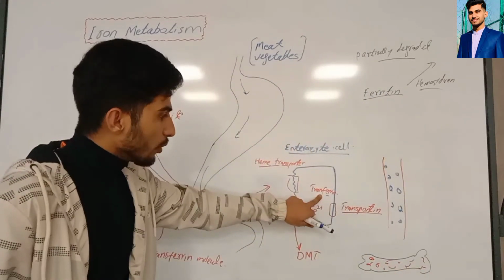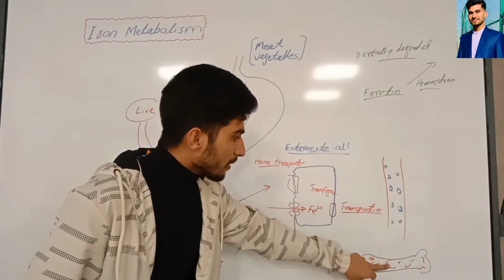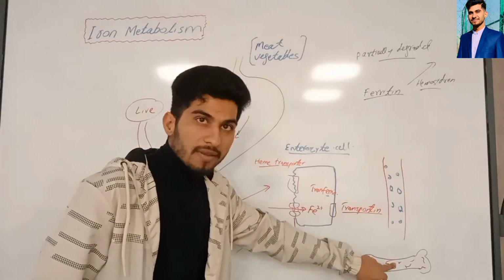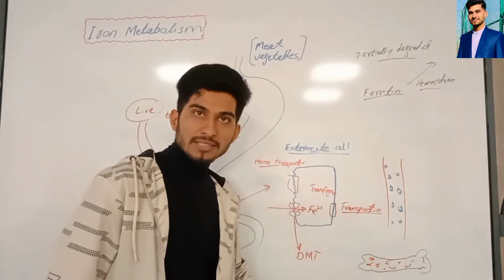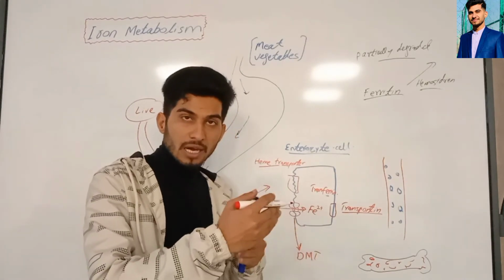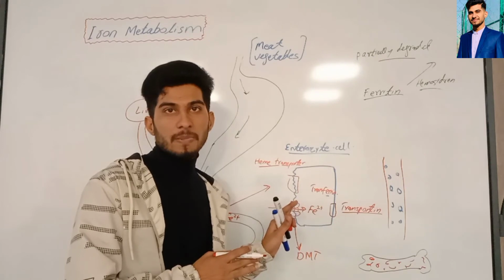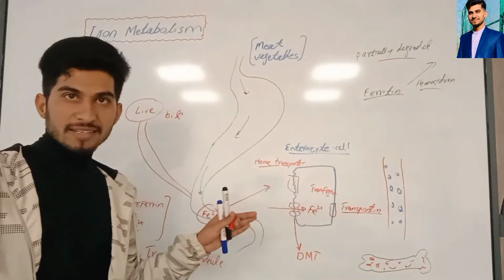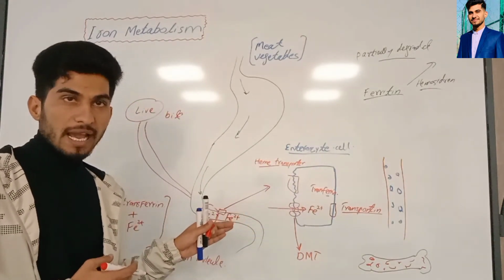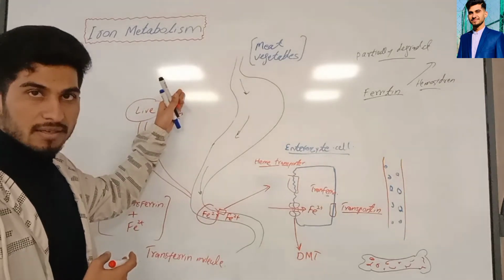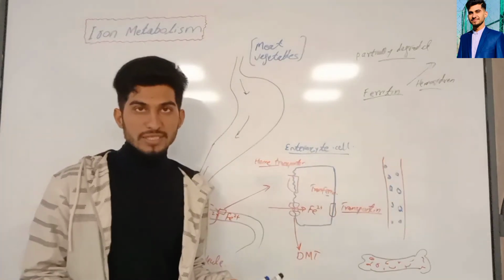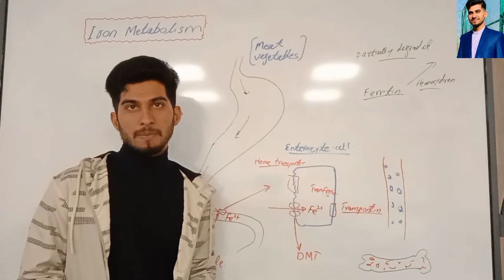This transferrin molecule will go into the red bone marrow and combine with the erythroblast, and the erythroblast will absorb the iron to form the heme molecule. So this is the process of how iron is metabolized in our body. This is a very simple process.